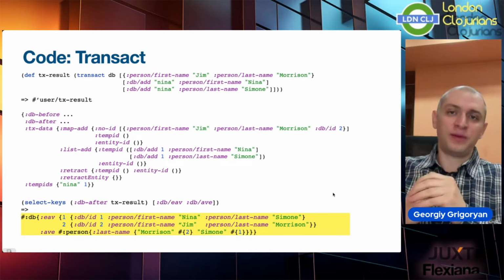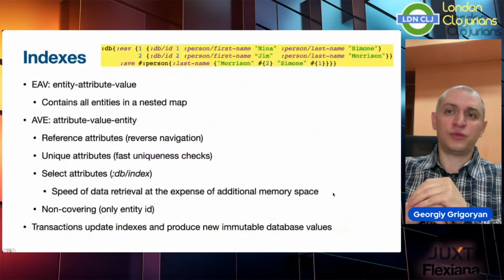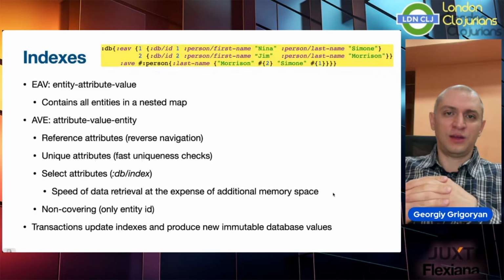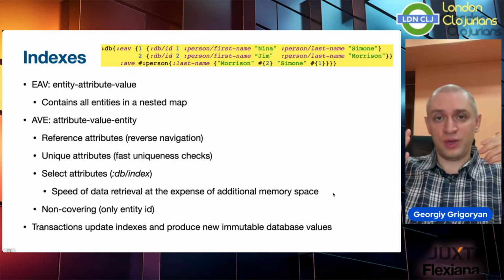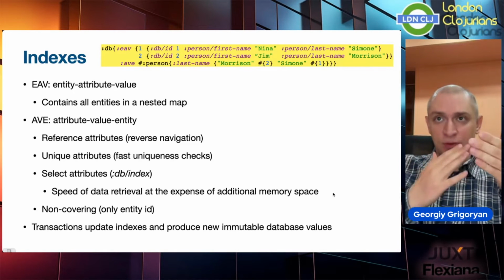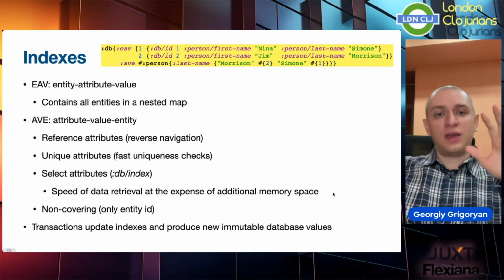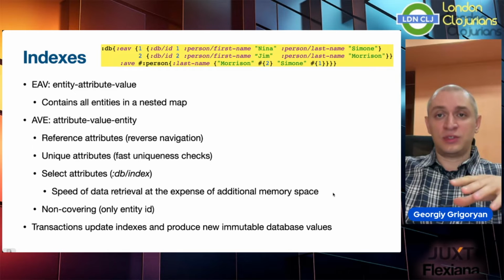So here I've copied the highlighted bit just for reference here because we're going to talk about indices. So EAV index, I think it's pretty clear what it is by now. Contains all the entities. And then AVE, for the AV index, let's discuss that in a bit more detail. That's attribute value entity. And that's how the map goes, right? Attribute value entity. And all the reference attributes get automatically indexed in the AV index.